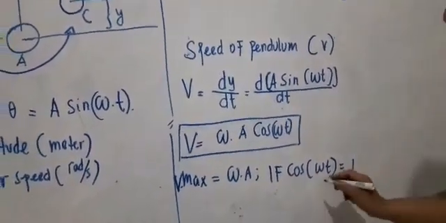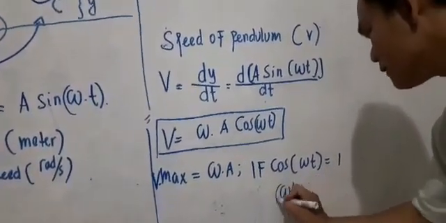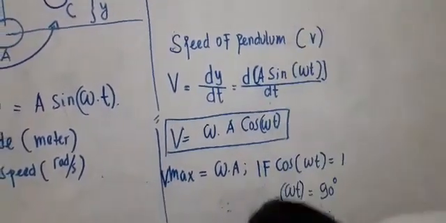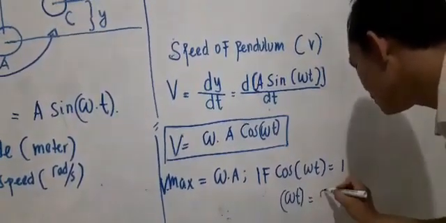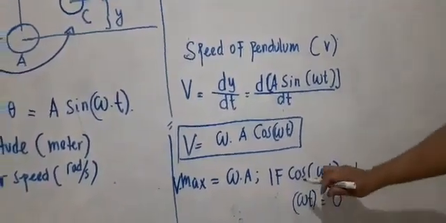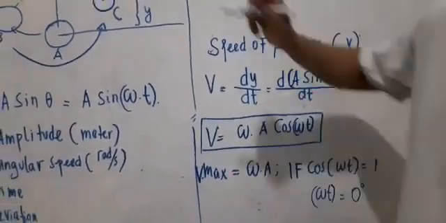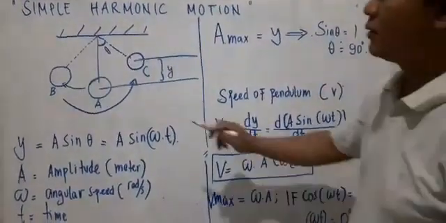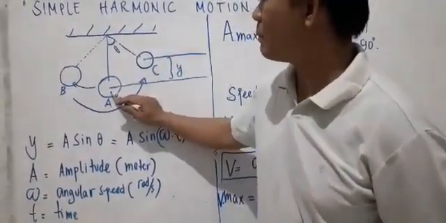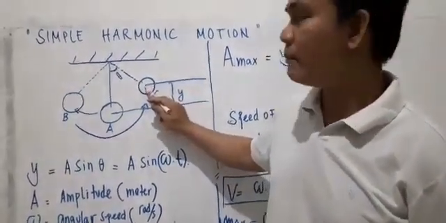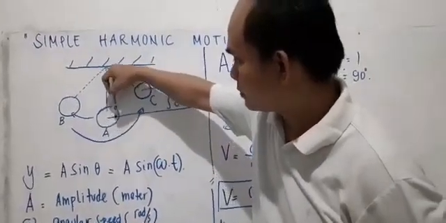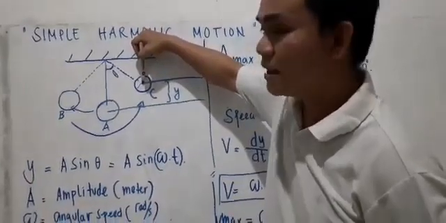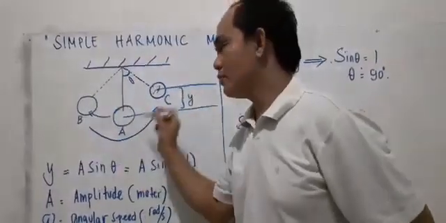It means that omega t must be 0 degrees, because cosine 0 is 1. So the speed at this point is maximum, but the speed at this point is minimum. From the maximum it decreases in speed, then stops here, and then goes back to the maximum speed.